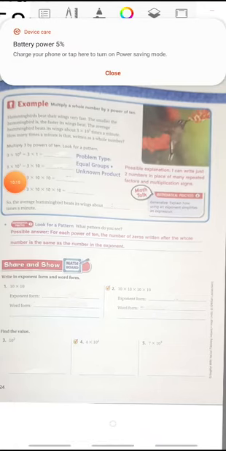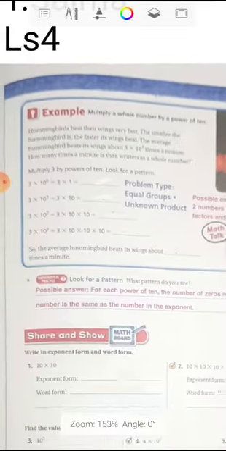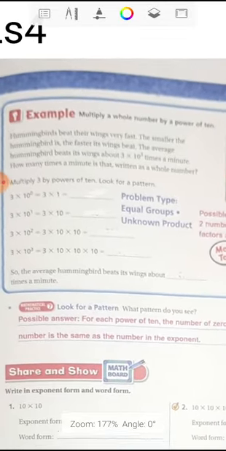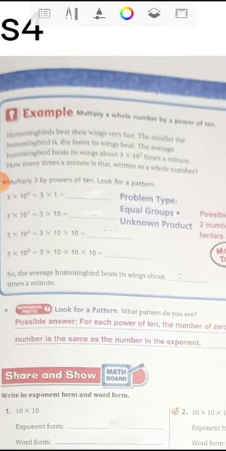Now let's move to page number 24. Let's see the example. If you want to find the answer for a number multiplied by powers of 10, take a look for a pattern here.